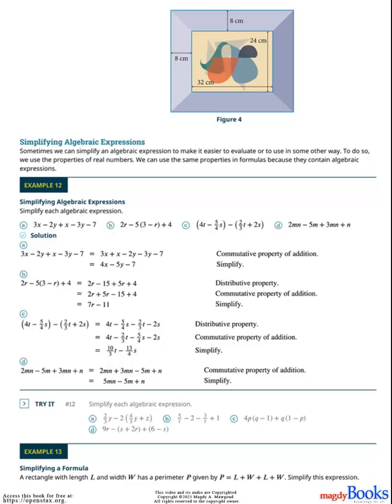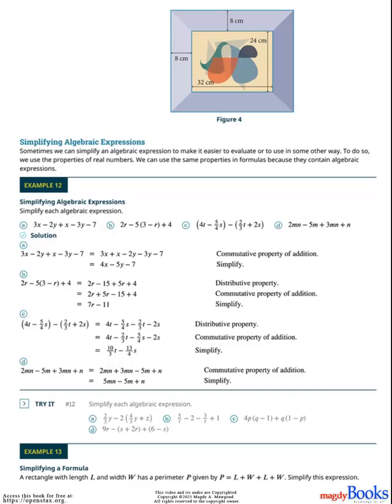Commutative property of addition. = 10/3 t − 13/4 s. Simplify. D. 2mn − 5m + 3mn + n = 2mn + 3mn − 5m + n. Commutative property of addition. = 5mn − 5m + n. Simplify.